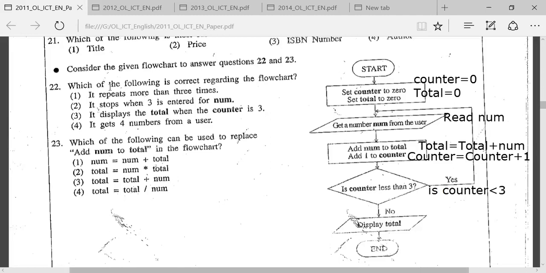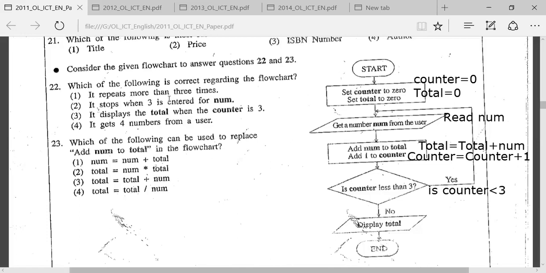Which of the following is correct regarding the flow chart? So they are asking a question based on this flow chart execution. Right? First go through the answers.